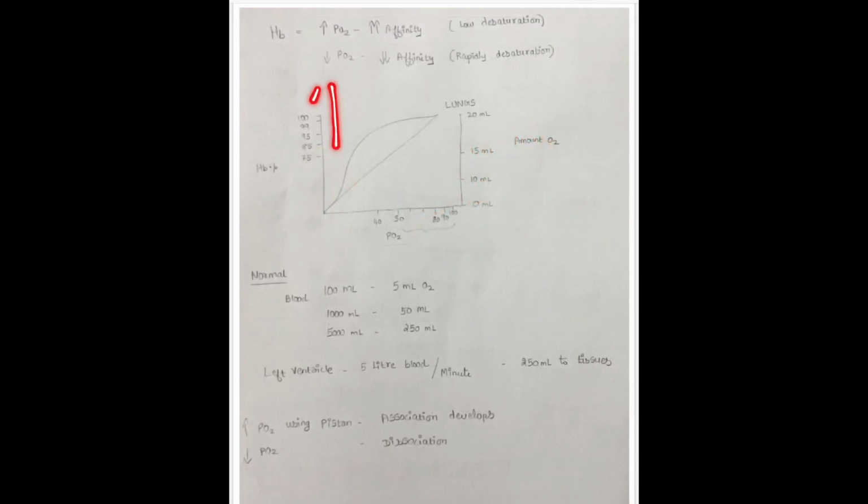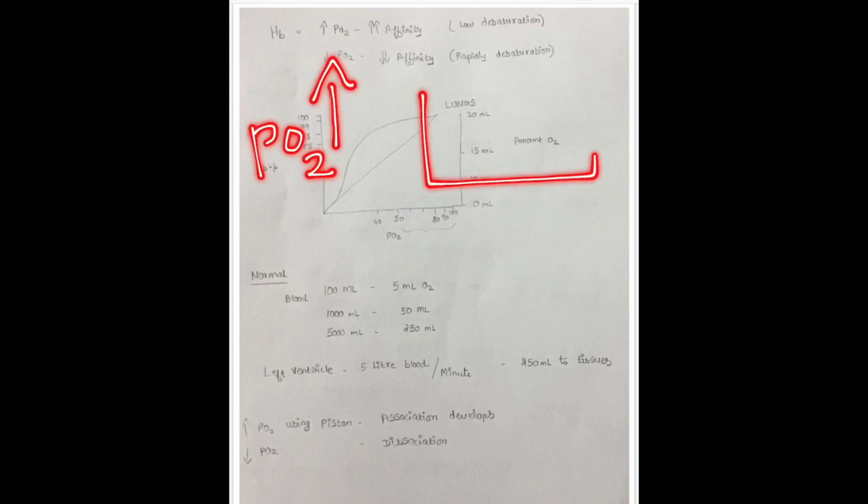When you increase the partial pressure of oxygen, the hemoglobin affinity for oxygen is increased, meaning the hemoglobin association with oxygen is increased and the hemoglobin is fully saturated.